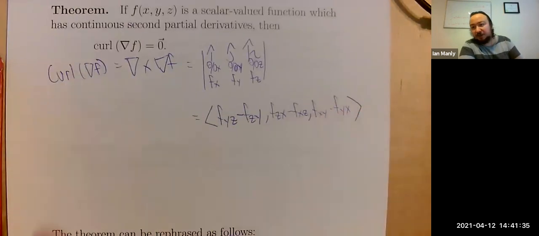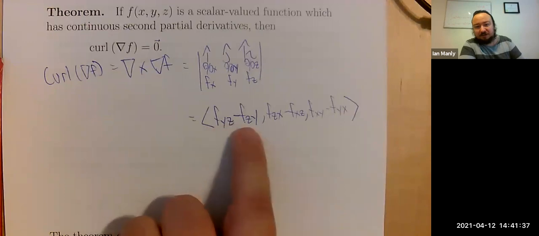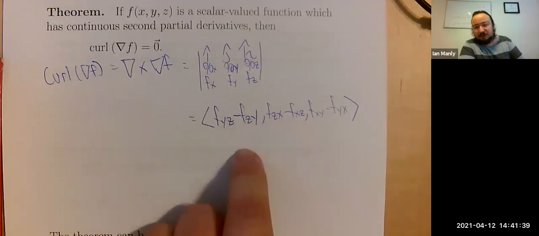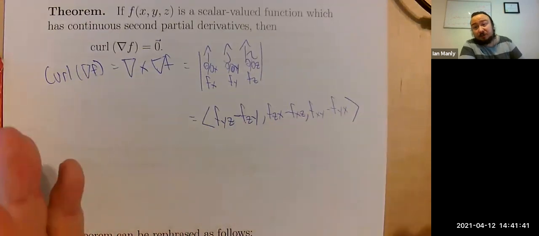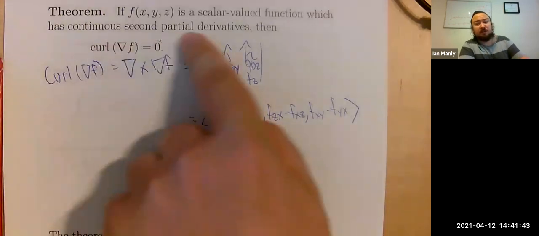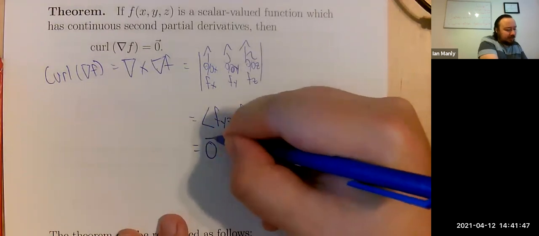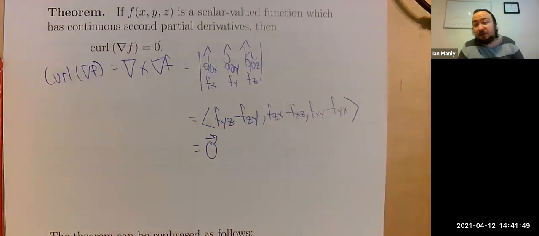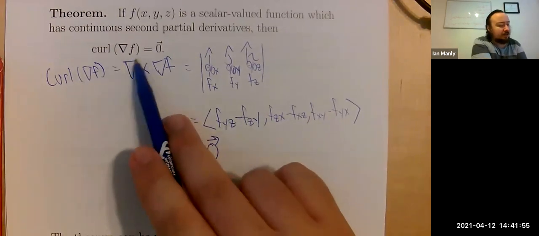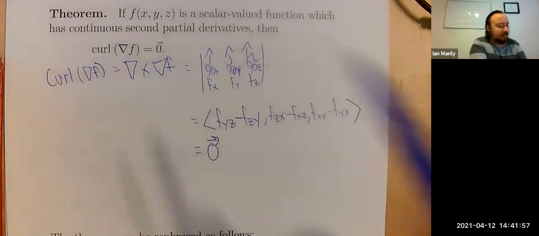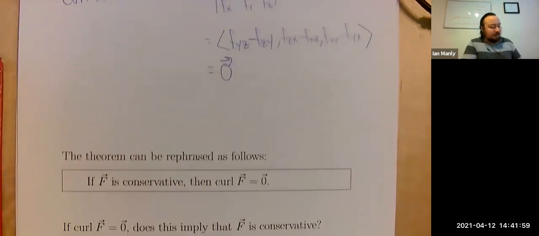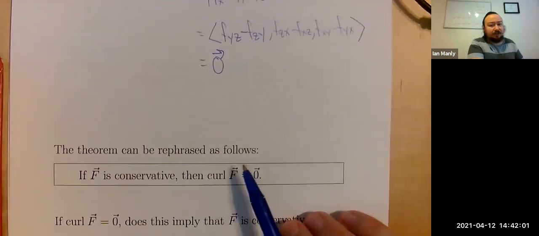What is all of this going to be if we do the derivatives in the opposite order? Those are all 0. That's right, provided they're continuous, we don't have anything nasty going on. This is just going to be 0 because of the equivalence of mixed partials, or Clairaut's theorem, which we talked about earlier. So if we have equivalence of mixed partials, then the curl of our gradient will be 0.